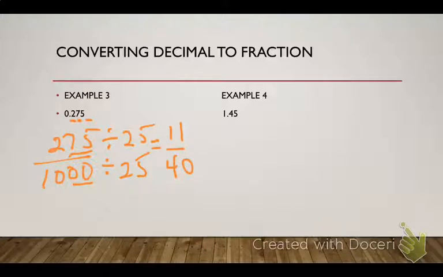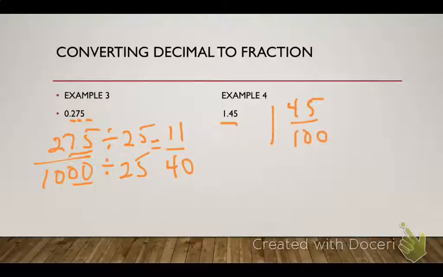In other words, if you thought about 1,000 as $10 and 25 as 25 cents, it would take 40 quarters or 25-cent pieces to make $10. That way it might help you mentally think. All right? And this one is greater than 1, so you're going to have 1 and 45 hundredths.